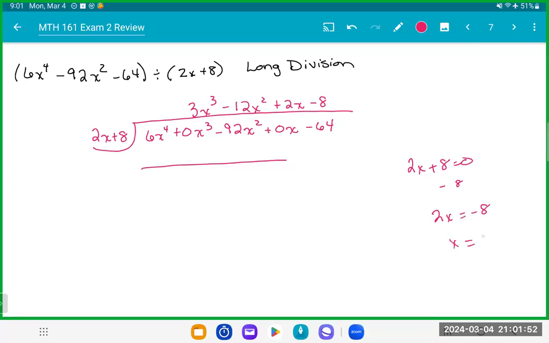So x equals negative 4, right? You could do it here for this one, but on the exam, you might get something like x squared plus 1 for that, and you can't do that. Remember when we did that module? You could if it's linear, but if it isn't linear, you have to use long division.